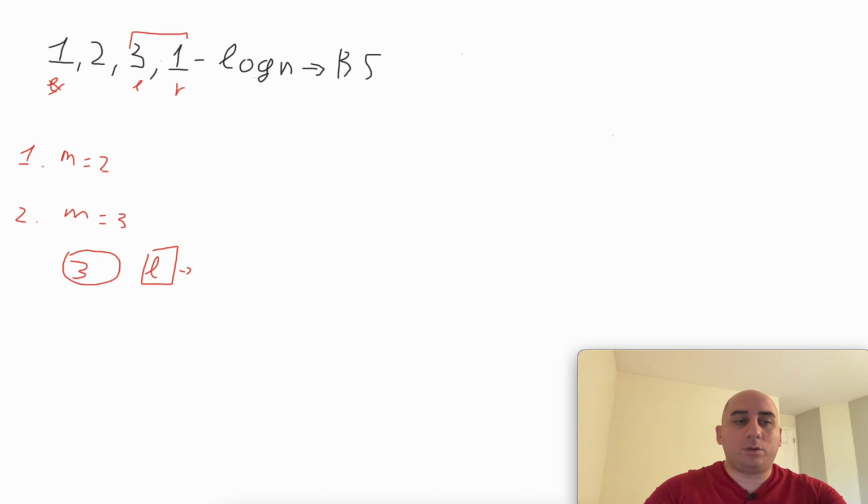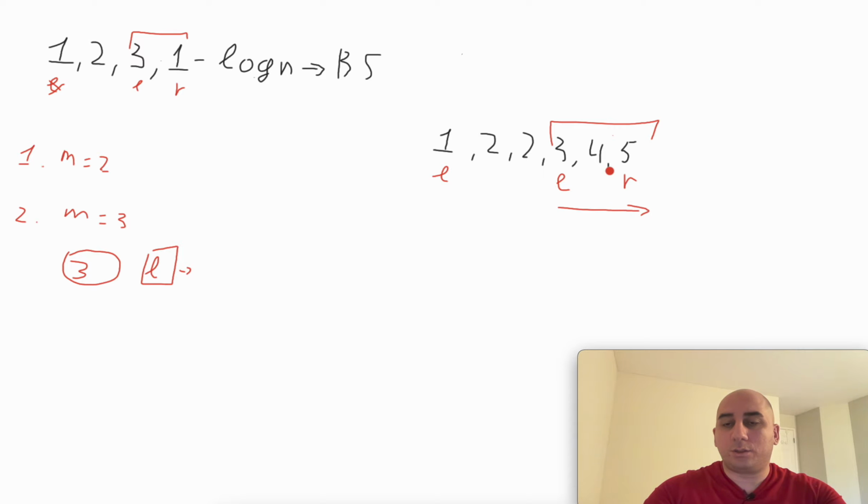Okay, let's take a look at one more corner case. Let's say we have something like 1, 2, 2, 3, 4, 5. In the first iteration, we also move our left to the 3, but as you can see, our array in the second part just keeps increasing.